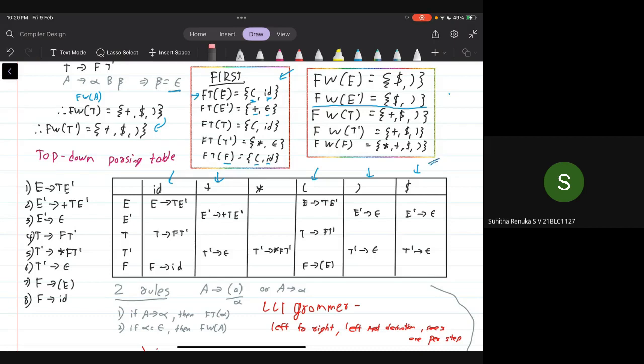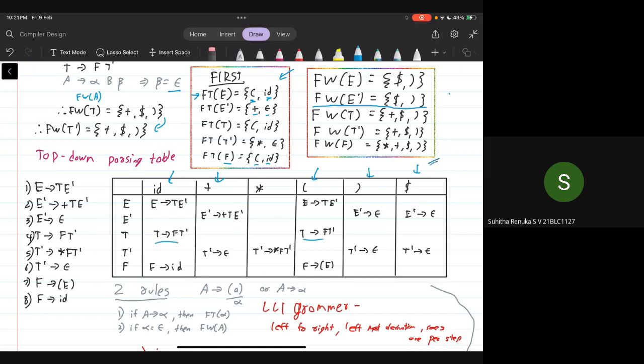Try to do for T. T goes to open bracket and ID. T goes only to F T dash. So I go to open bracket and write T goes to F T dash. Then I go to ID and write T goes to F T dash.